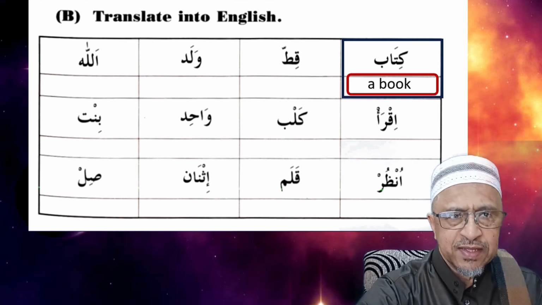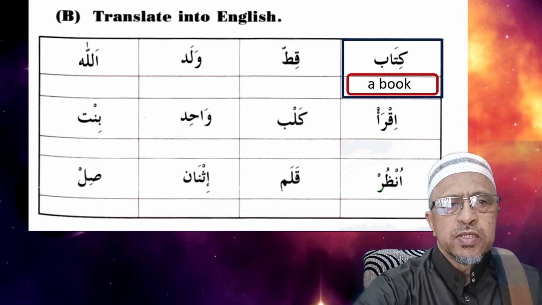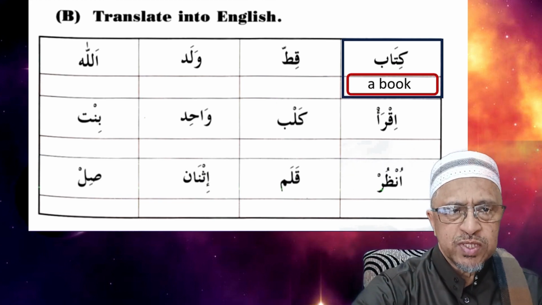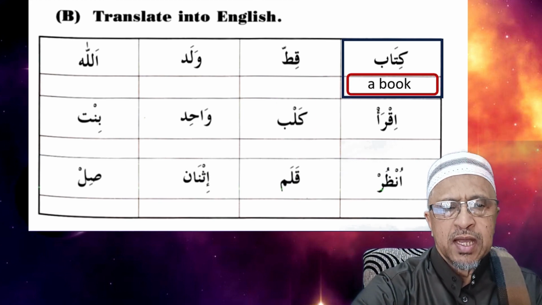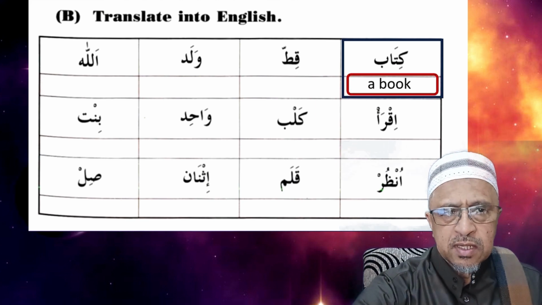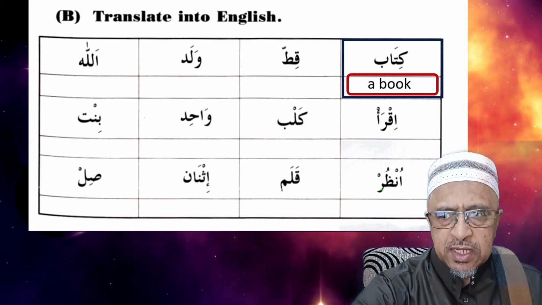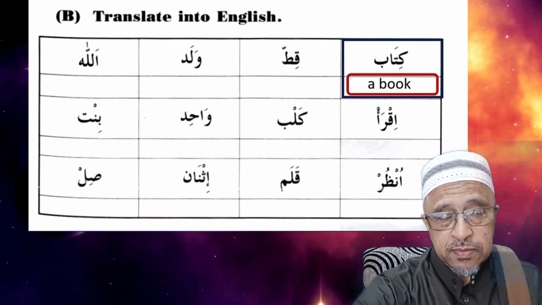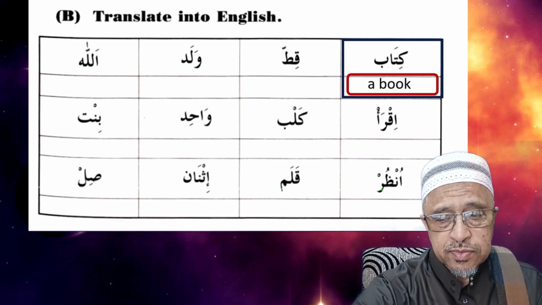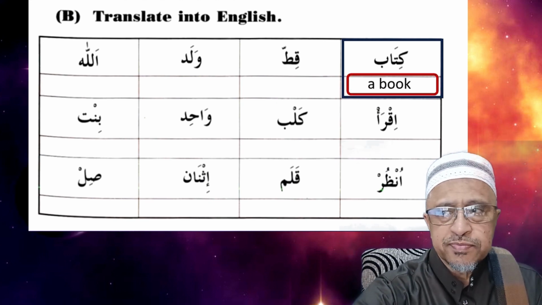In other words, indefinite as opposed to definite. So we will make the distinction between an indefinite noun or object and a definite noun. So kitab, if it's a book, we can also say kitabun. Okay, we'll explain that further later, inshallah.